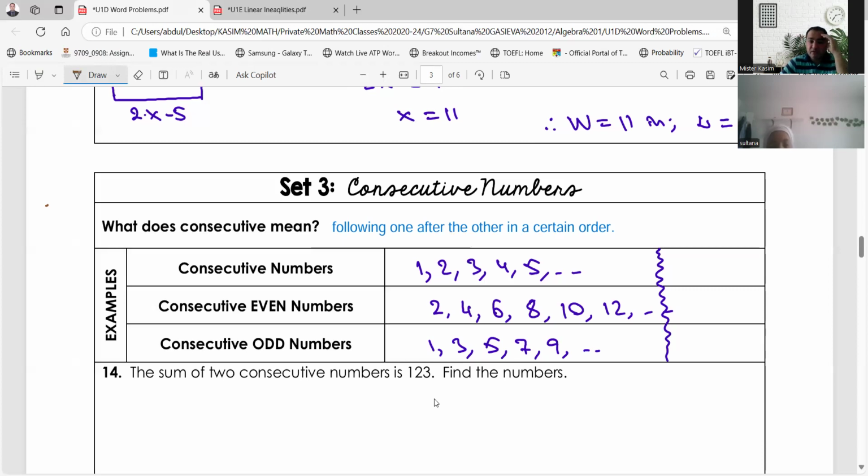So in general, if I ask you for two consecutive integers, if the first number is n, the next number should be n plus 1, right? And how about for consecutive even numbers? If the first number is n, the next number should be n plus 2, right? Because they're increasing by 2. And the same thing for odd numbers: if the first number is n, the next number should be n plus 2. In general, we should know how they are increasing.